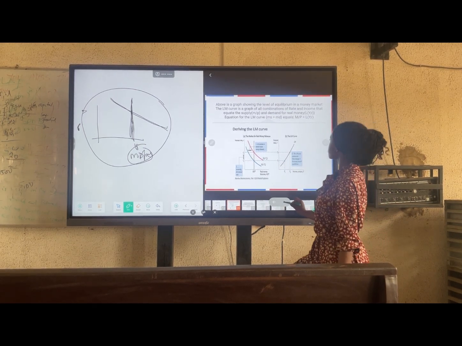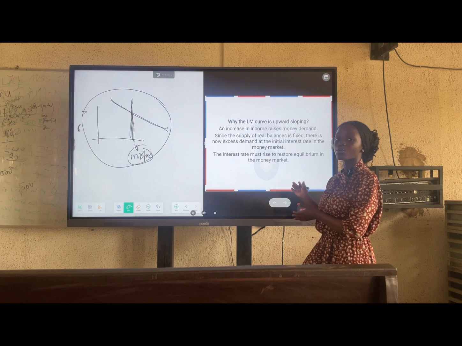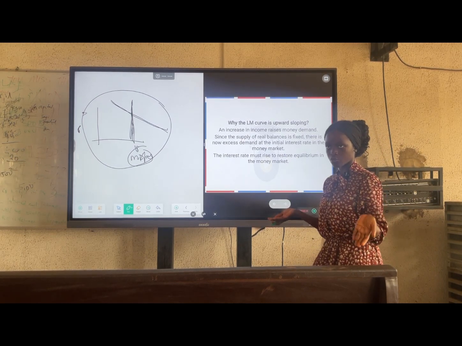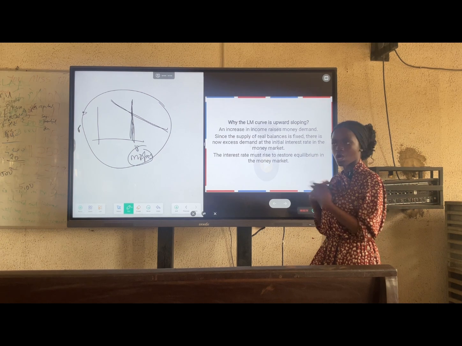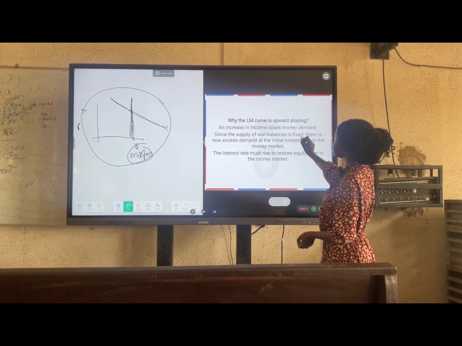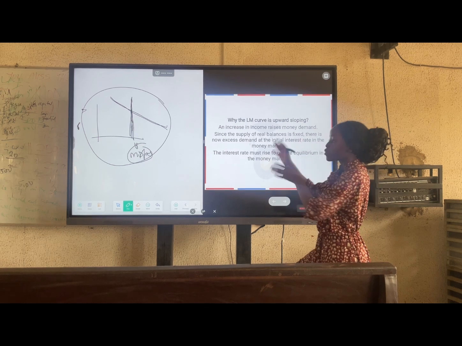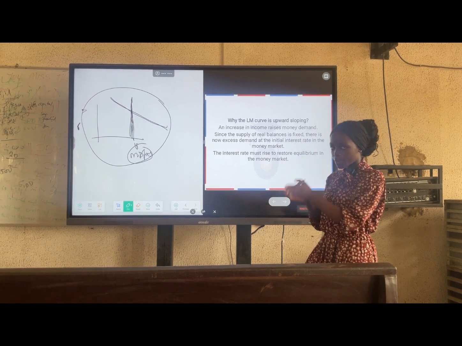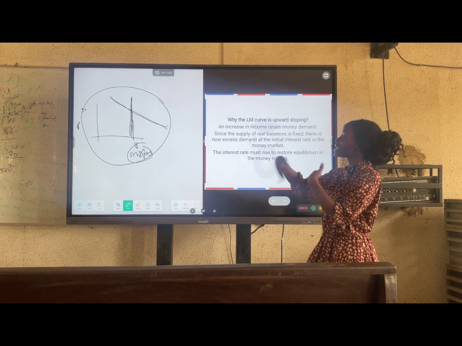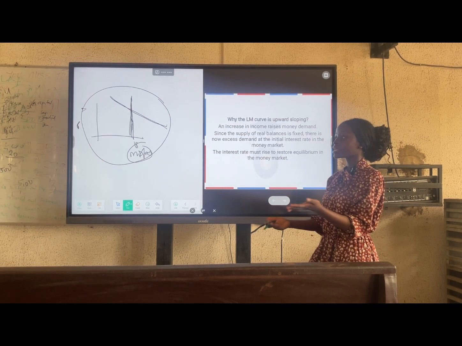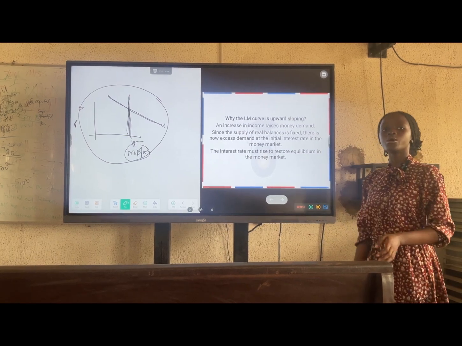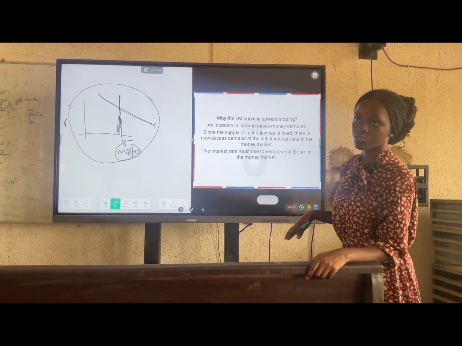So moving on. Why is the LM curve upward sloping? An increase in income will raise money demand, of course. If my income increases, I want to withdraw more money to have. Then since the supply of money is fixed in the short run, there is excess demand. Like if the central bank says, for this particular month, we'll be supplying $3,000 to the economy.